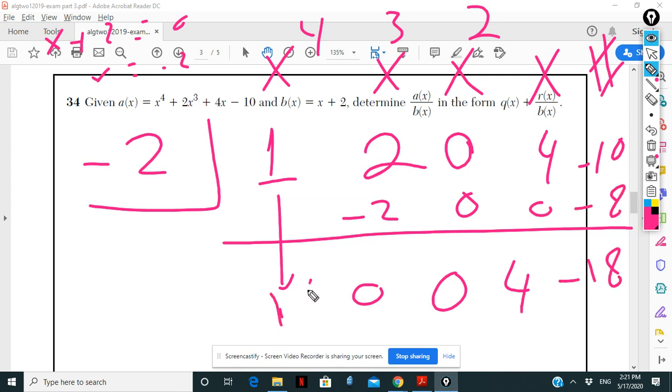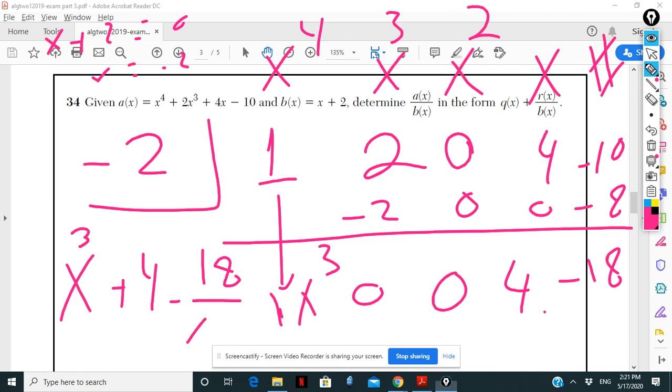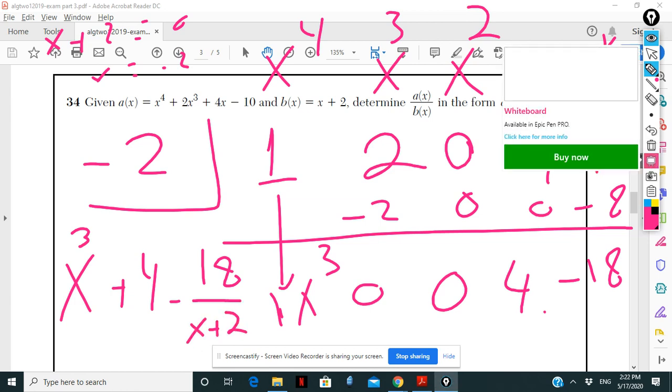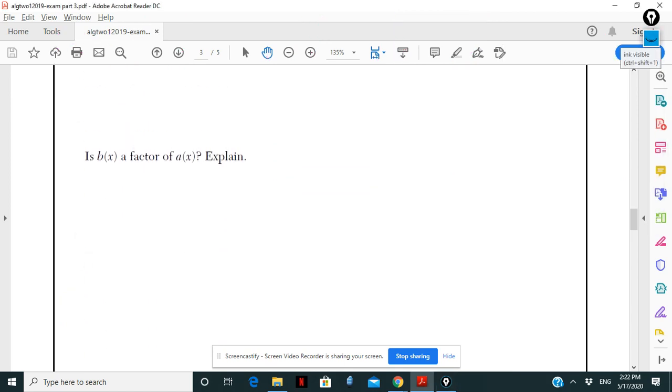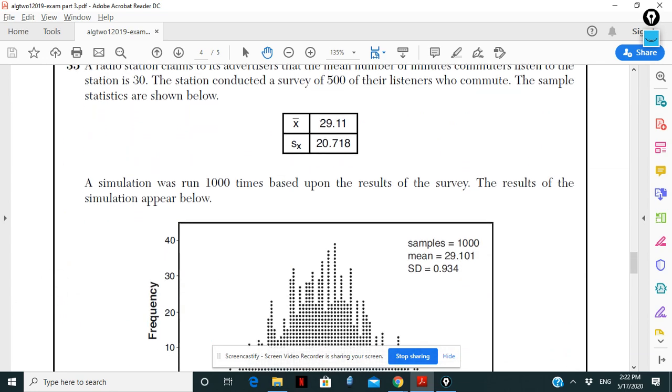So that's 1, x to the power 3, and then only the number. So what I get is x cubed plus 4 minus 18 divided by my divisor x plus 2. Now the second part asks, is it a factor or not? It's not a factor because it has a remainder of negative 18.